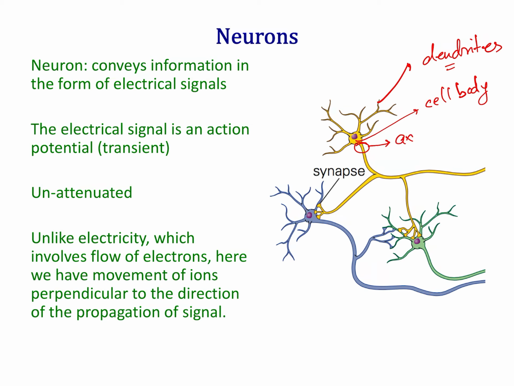Below the cell body is what is called an axon hillock. You don't have to remember these names, just understand the concepts. This is where this electrical signal is generated. And the function of the axon, this yellow tube here, is to transport this electrical signal along the neuron. You also have axonal branches right here.